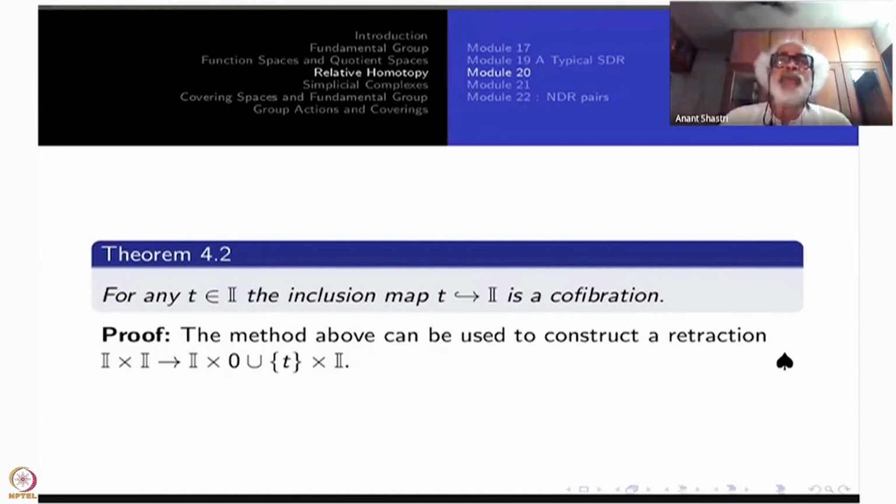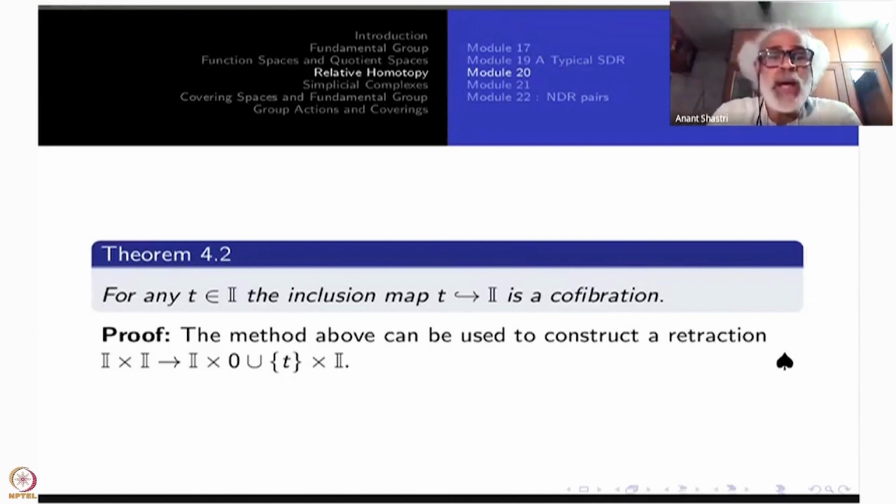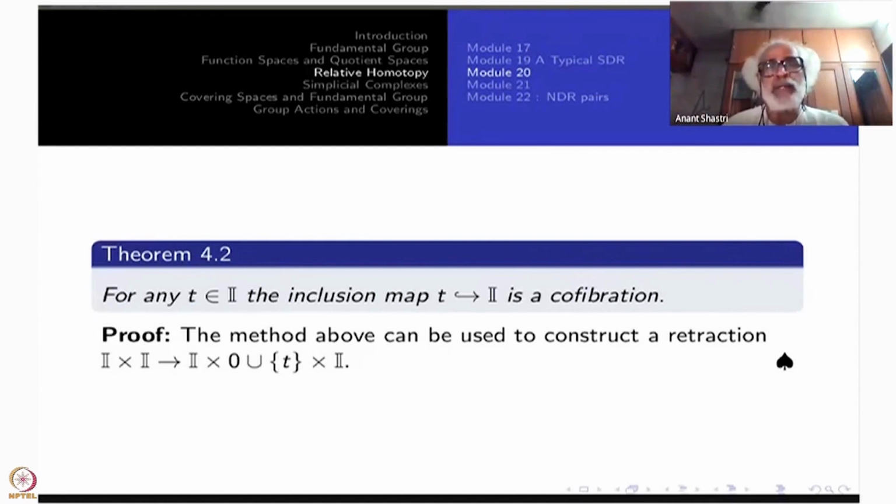You can directly prove it also, but actually the first picture itself proves that at the starting point. But now I have something more here, a corollary. Take any point in between also. This is also a cofibration. I told you how to make it: reflect it, and then make the center, and so on.